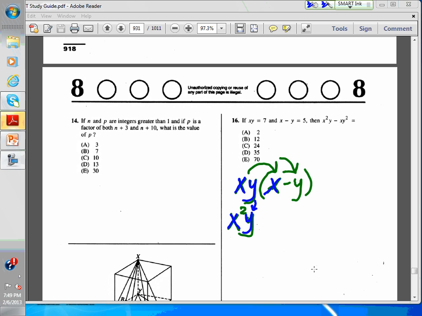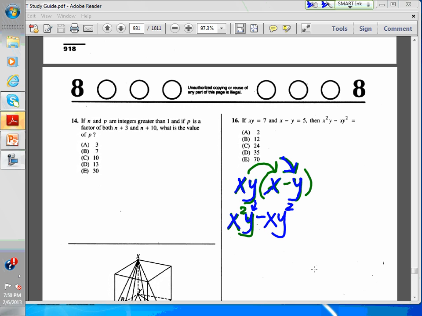Okay, and then we need to distribute the xy to the negative y. So that's going to give us negative x y squared. Since we have two y's, we have y times y, which gives us y squared.